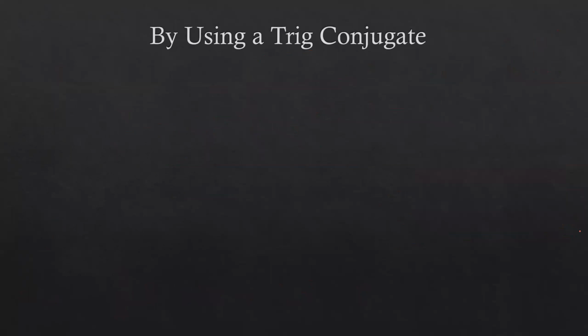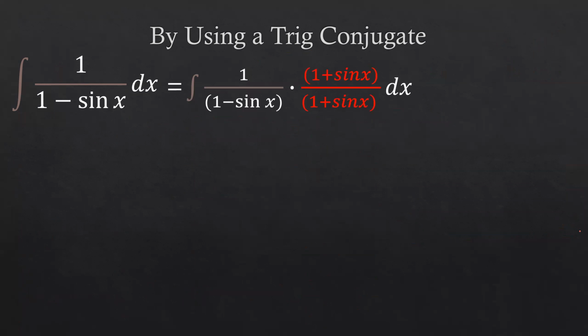Okay, next in the series is to use a trig conjugate. How does that look? Something like this, right? We know that when we multiply by this conjugate, we will get 1 squared minus sine squared x, and 1 minus sine squared x is going to give you cosine squared x.